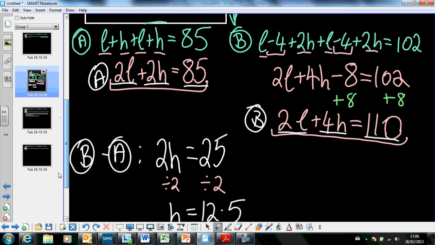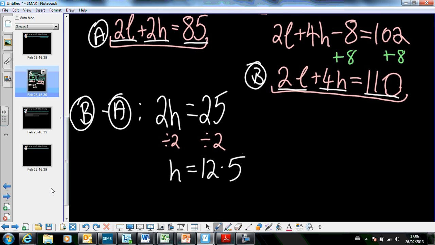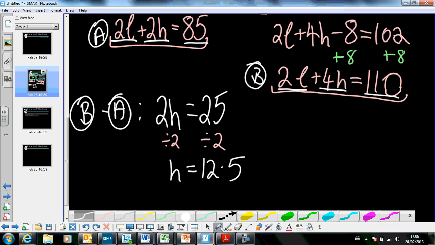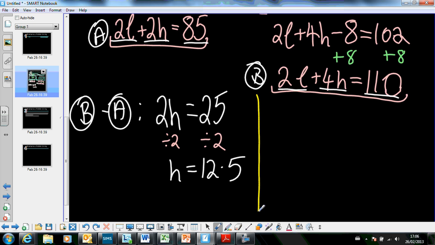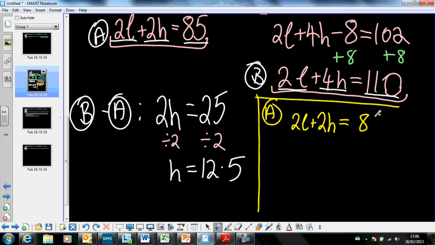Just need to find the length now. So I'm going to pick one of these equations to substitute it back into. I'm going to pick equation A. So from equation A, substitute in 2L plus 2H is equal to 85. And we know that H is 12.5.